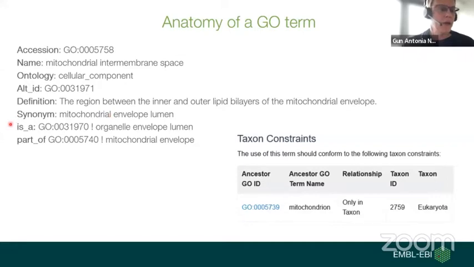And it will also specify relationships to other parts of the ontology, which I will go into more detail on later. Terms might also be associated with certain other attributes. So there might be tags and constraints that have to be followed when annotating to these terms. For example, for the term mitochondrion, you can only annotate eukaryotes to that term.